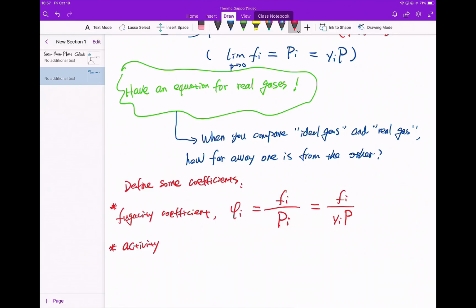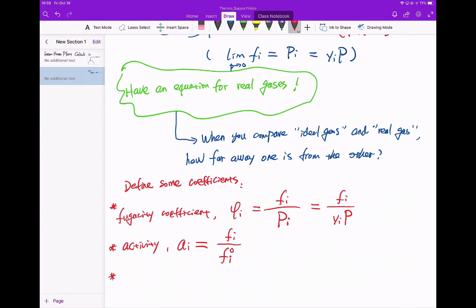We use ai, which is defined as the ratio between fi and the standard state you picked up.